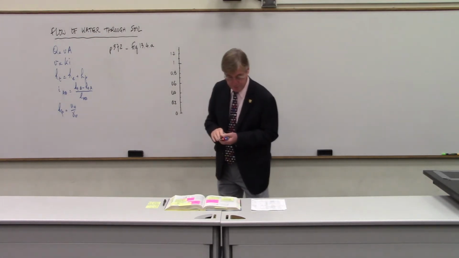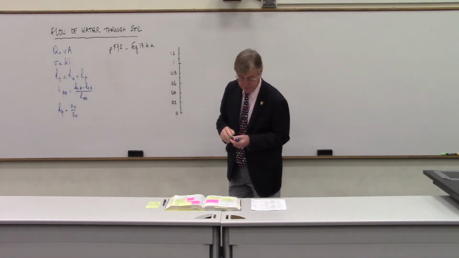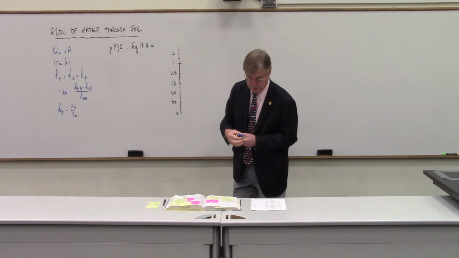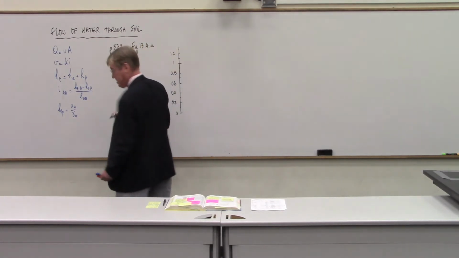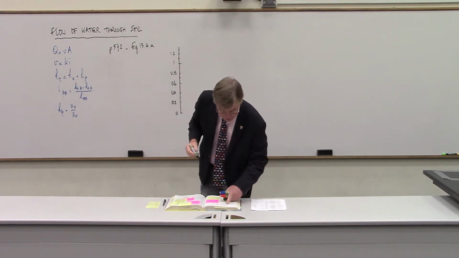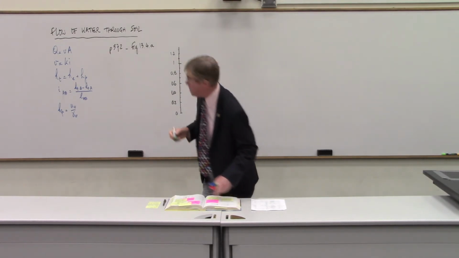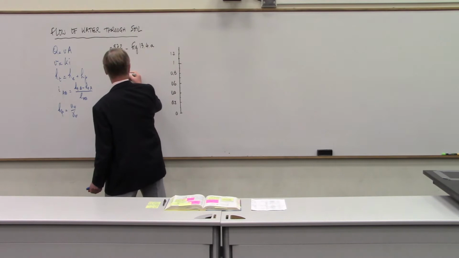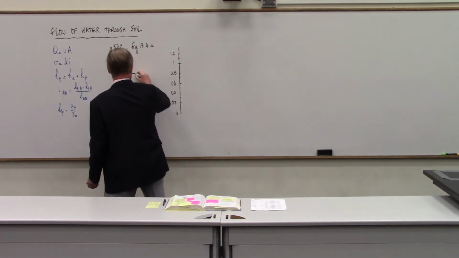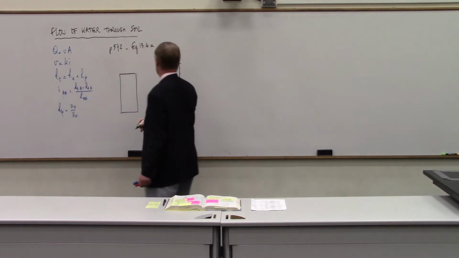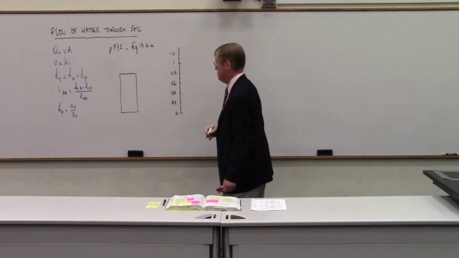The diagram is a constant head permeameter, and it looks like this. Let's see, it goes from 0 to 0.8. So from 0 to 0.8, I have the permeameter sitting on the table, on the lab table.